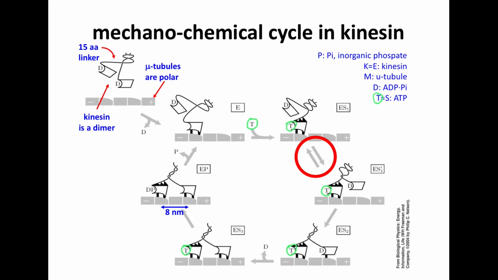The second foot, which is ADP loaded, is now free to wiggle around this one foot which has been bound. It can go backward, it can go forward, and that is a very fast movement that we described as a diffusive motion.